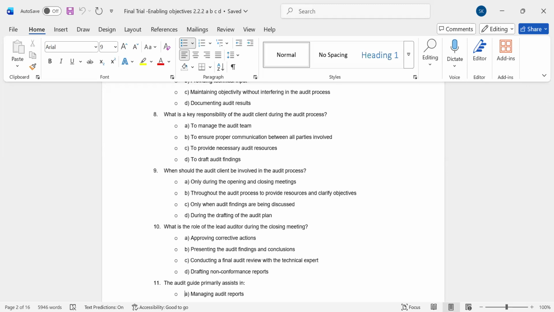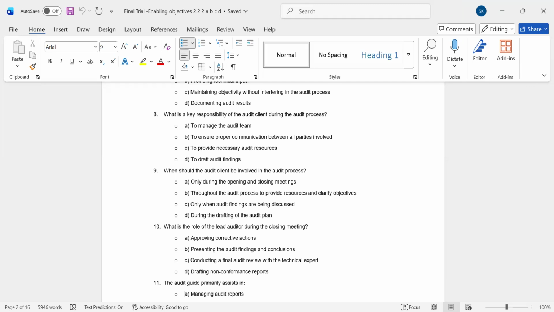So before answering, who is the audit client? The person who initiates the audit. Sometimes the auditee organization may engage somebody like a consultant, or somebody who will initiate the whole process. That person is sometimes called the audit client. So all are relevant only, sir.